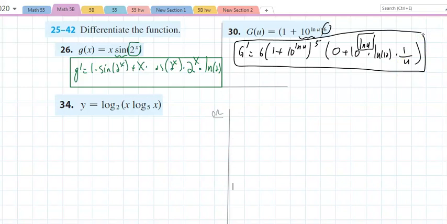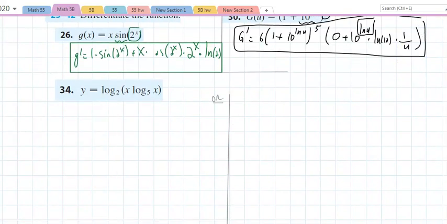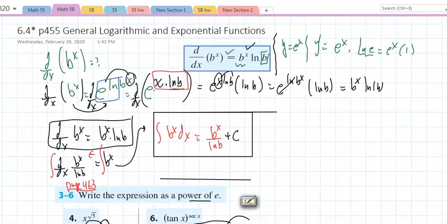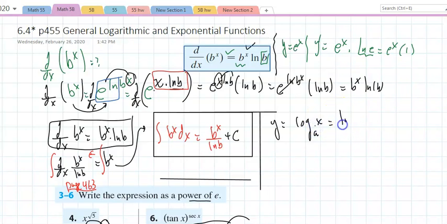If I want to take a derivative of a log, you notice I never mentioned a log, and let me elaborate on why that is. I'm going to go up here, back, I left some space. If I look at log of a general base, log base a of x, the reason I didn't touch on it is that by the change of base formula, I could write that as natural log of x over natural log of a.